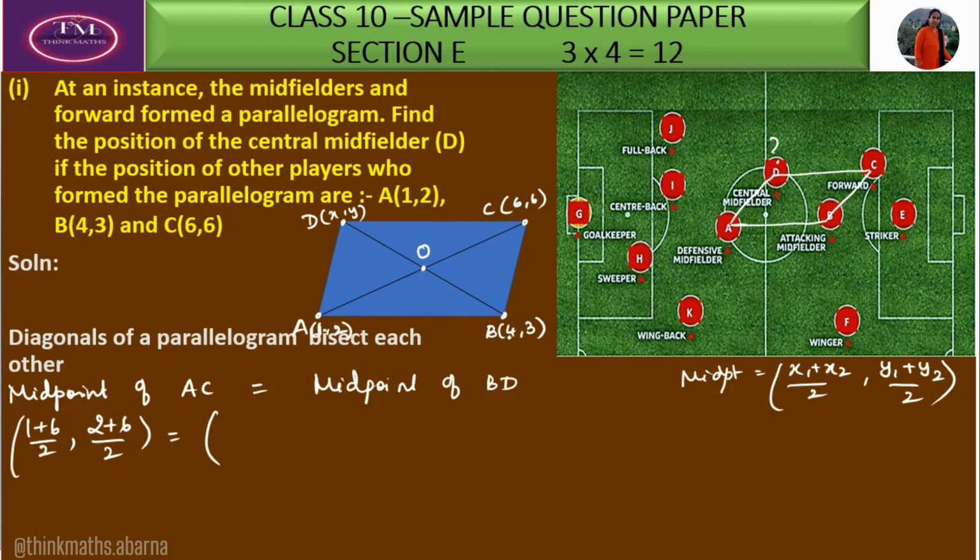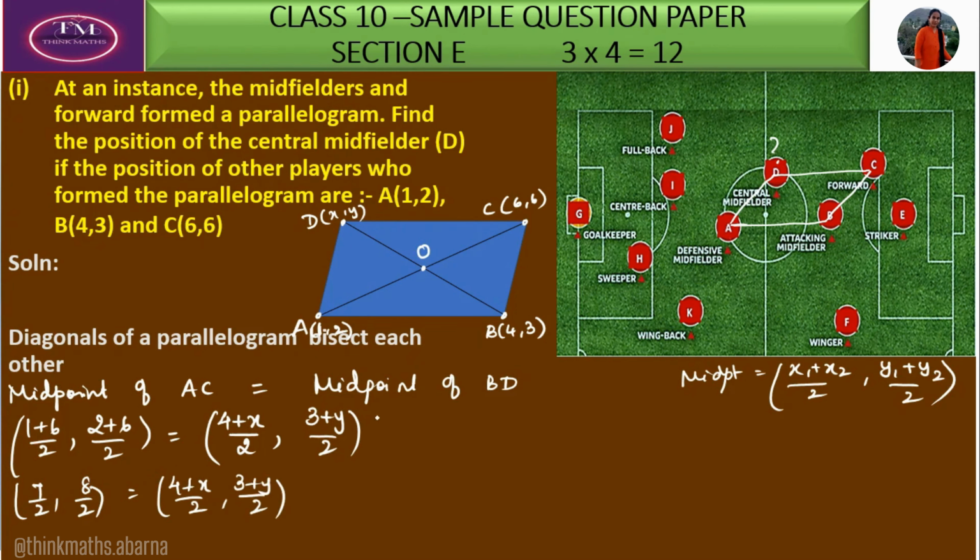What is the x coordinate here? 4, and here it is x. So it is 4 plus x by 2, comma the y coordinate is 3 plus y by 2. So here we get 7 by 2, comma 2 plus 6 is 8 by 2, which is equal to 4 plus x by 2, comma 3 plus y by 2.